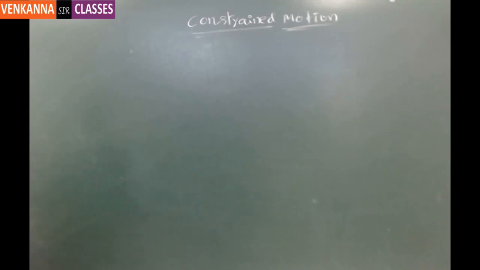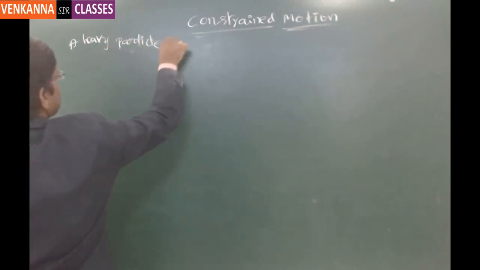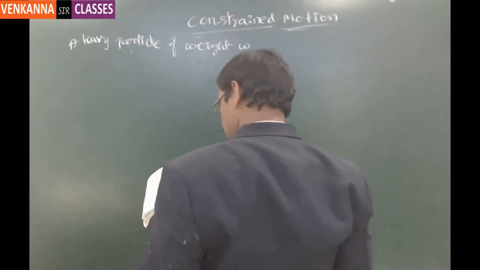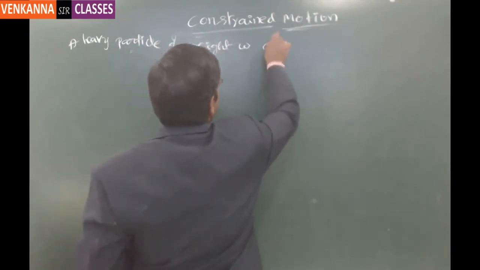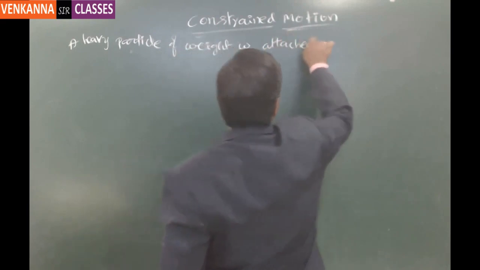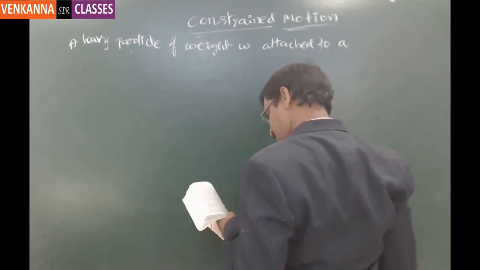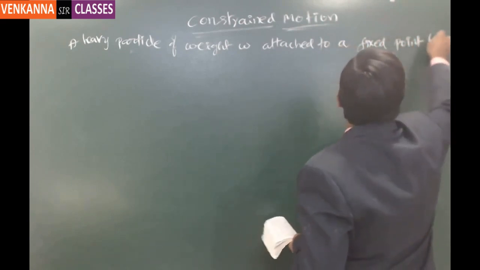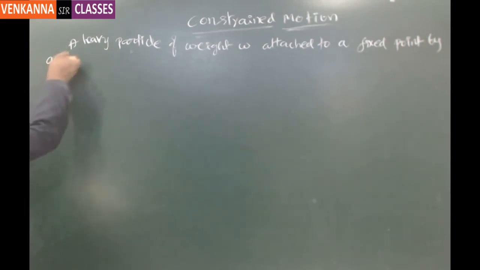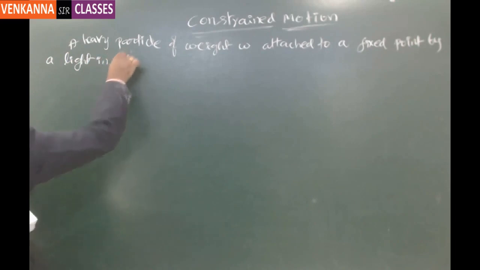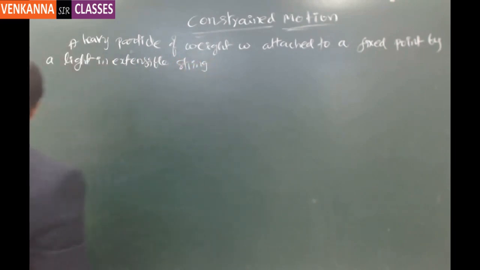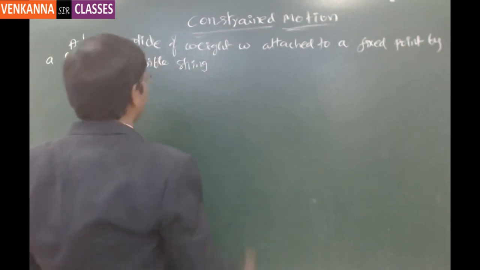A heavy particle of weight W attached to a fixed point by a light inextensible string describes a circle in a vertical plane.